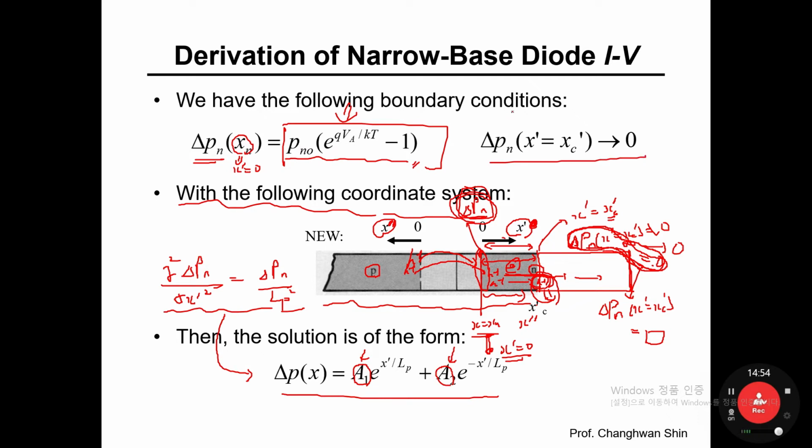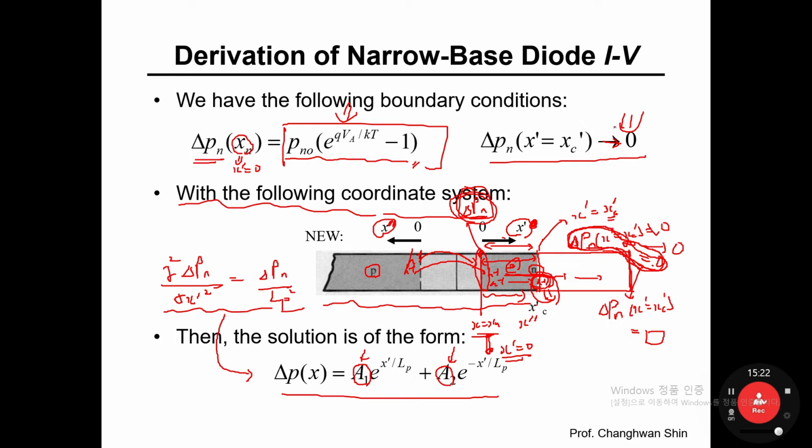When we're doing the ideal diode analysis, delta p sub n at x prime of infinity, we expect to be zero. Nothing left at x prime of infinity. However, in this case, delta p sub n at x prime of xc prime is asymptotically approaching a zero value.